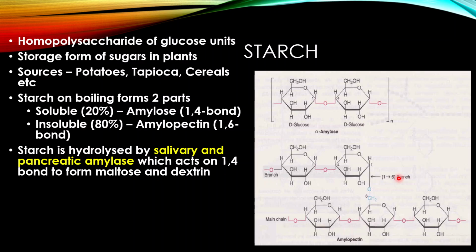Both act on 1,4 bonds and eventually lead to breakdown of starch, forming maltose and dextrin. The relatively bigger part of hydrolysis of starch is called dextrin, and the smallest part to which amylase can reduce the starch is called maltose.